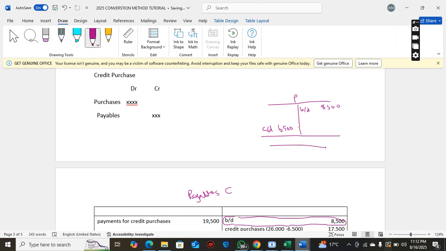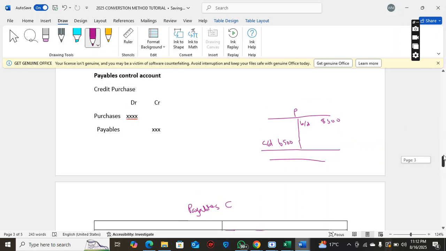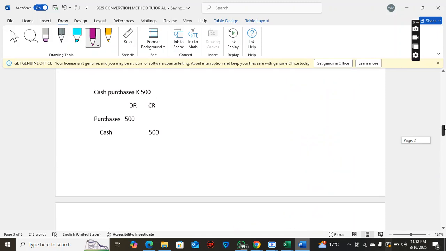After you've done this, you have to look for any transactions in the information that you've been given that can relate to the payables control account. So we come back to our information here.